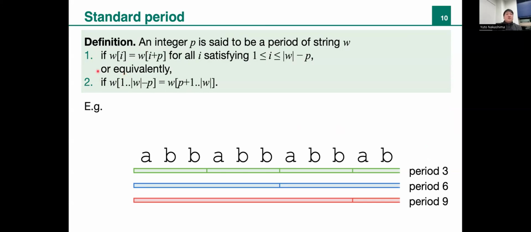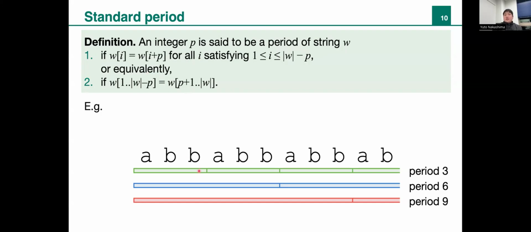I will show two equivalent definitions. The first: an integer p is said to be a period of string w if the ith character of w is equal to the (i+p)th character of w for all positions. Or equivalently, there are borders of these ranks.